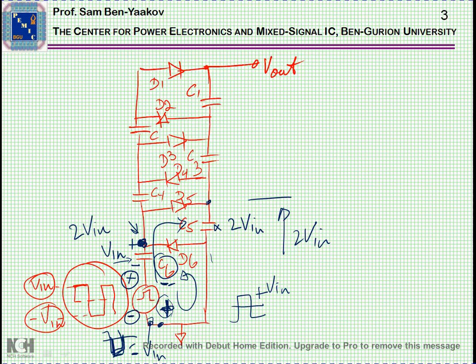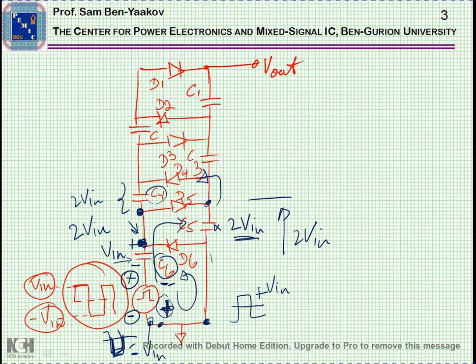So C4 now has a zero voltage at this point with respect to ground. On the other hand, we have from ground to this capacitor, 2 V in. So through this diode now, C4 will be charged to twice V in.